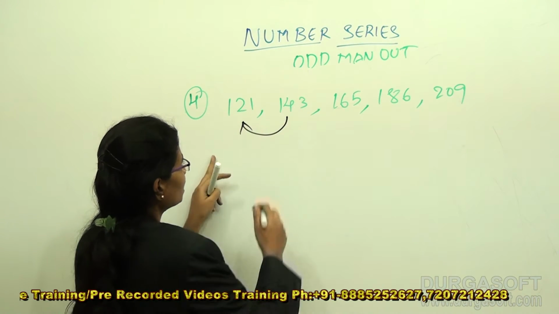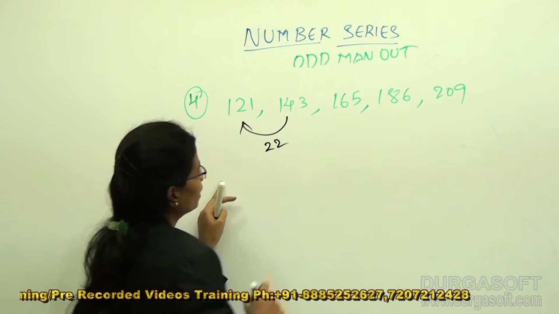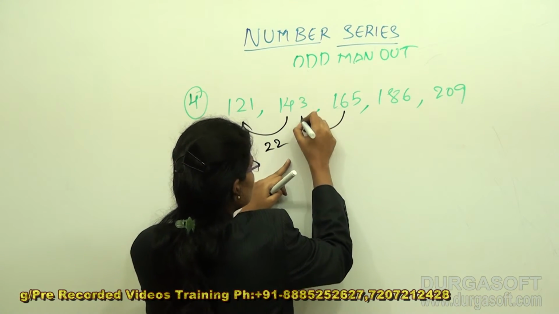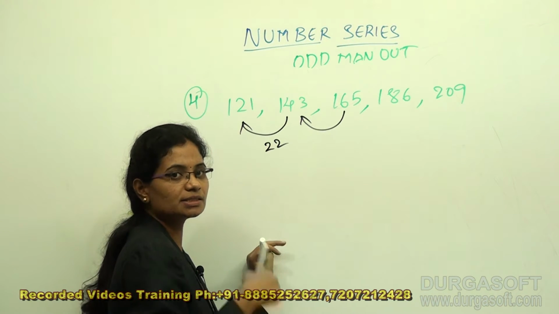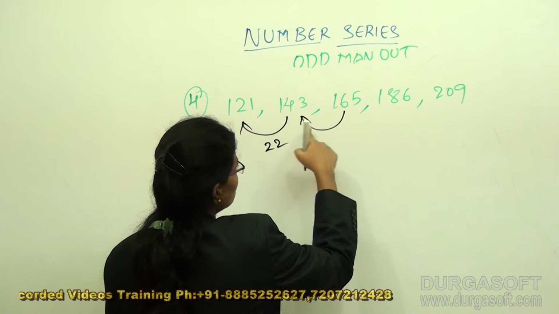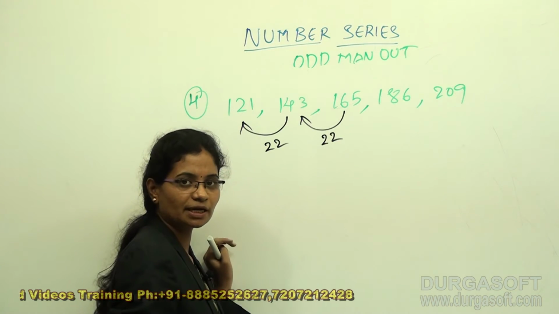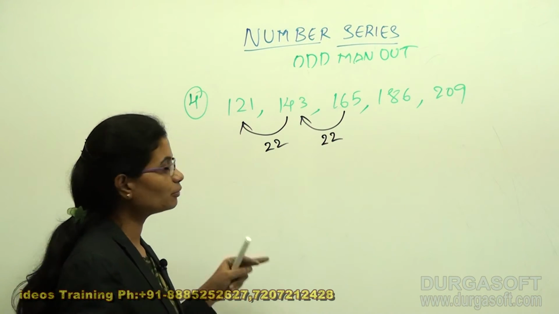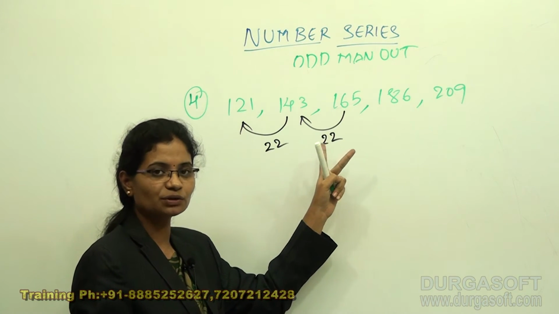Here, the difference is 22, right? Just check for the next also, that means the third number and second number. If you again see the third number and second number, it is giving a 22 difference again. So that means I came to know that it is a series which is following a 22 difference.